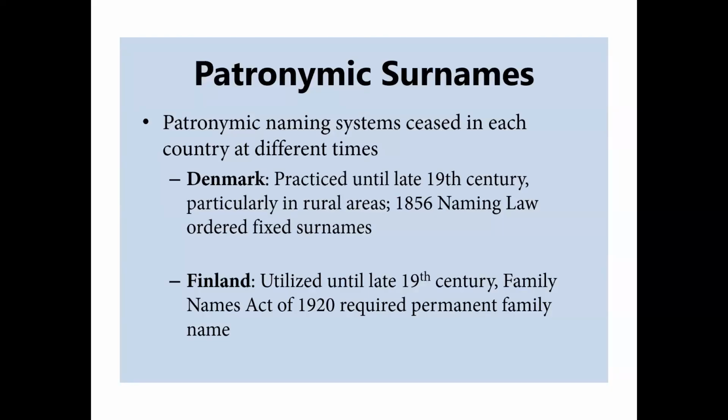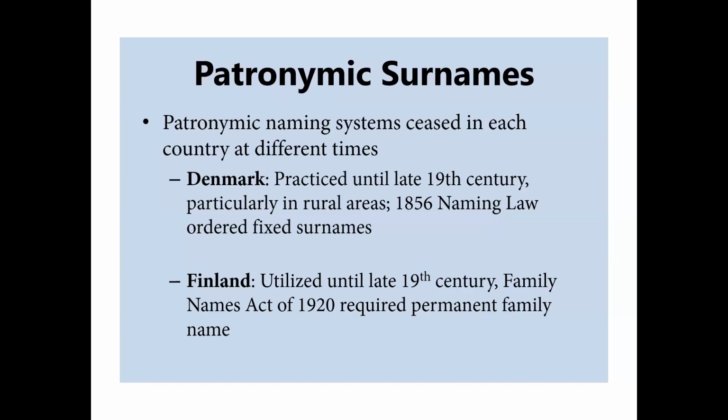The patronymic system ceases in each country at different times. Denmark is probably one of the first countries that tries to end the system with the 1856 naming law, but in rural areas it's practiced until the late 19th century. And Finland as well.